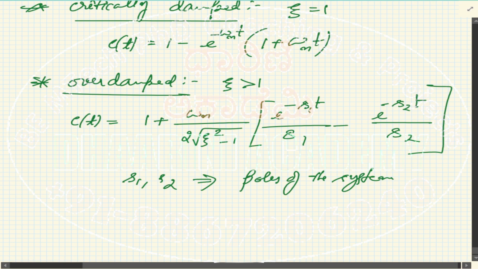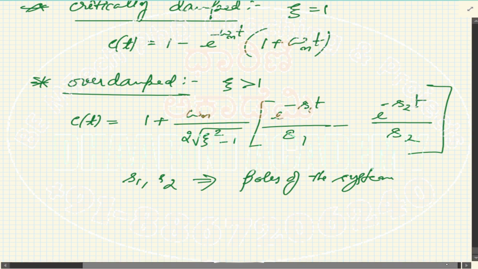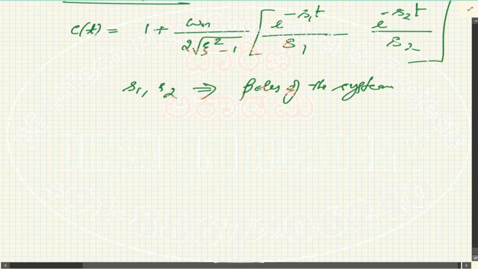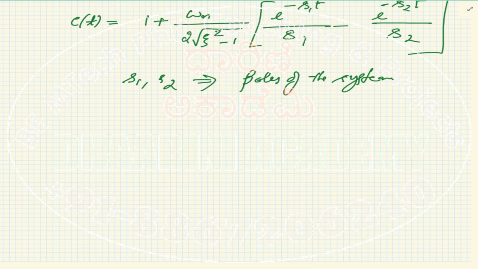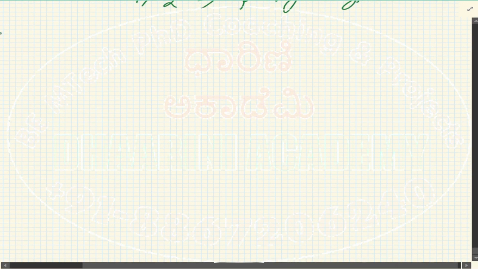Out of these many types of systems, the one which widely gets accepted while implementation of any system is the underdamped case. Okay, it's between 0 to 1. So let's plot that one first. So the plot of c of t, right?